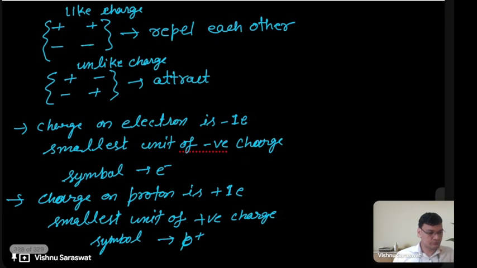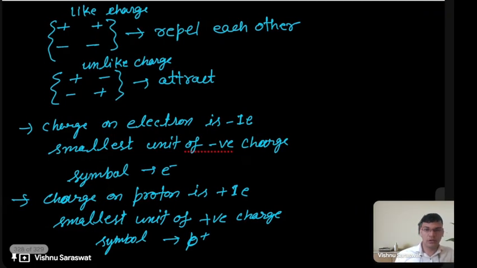Okay, so what we will study here is the types of charges. Till now we have studied the origin of charge, what is an atom, in which the electrons revolve around the nucleus, and the nucleus consists of neutrons and protons. Protons have positive charge, electrons have negative charge. Like charges repel each other, unlike charges attract each other.